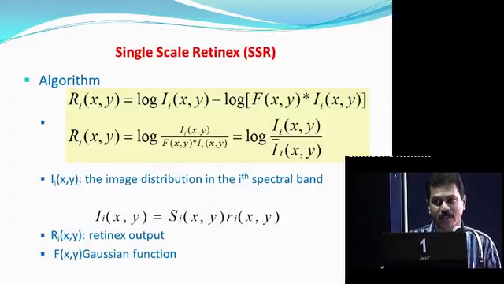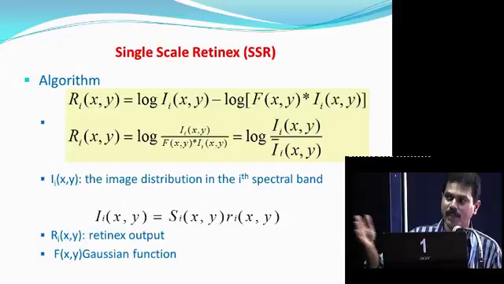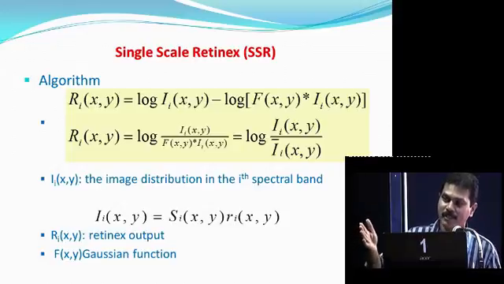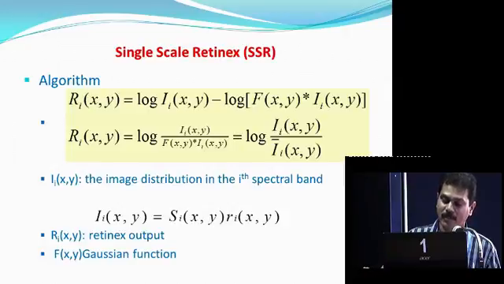So the Retinex algorithm corresponds to a center-surround function. When we have a different image, the illumination changes, and what we see is something different from the actual color of that image. What is taken by the camera is different from that.